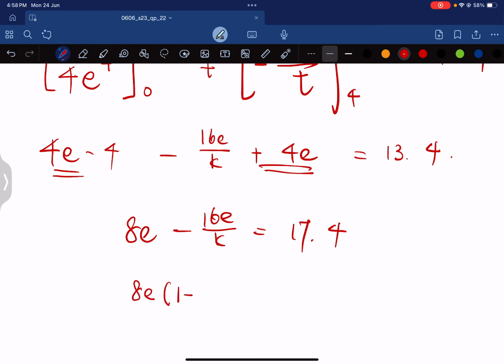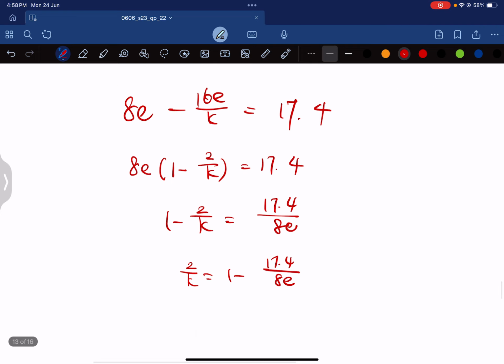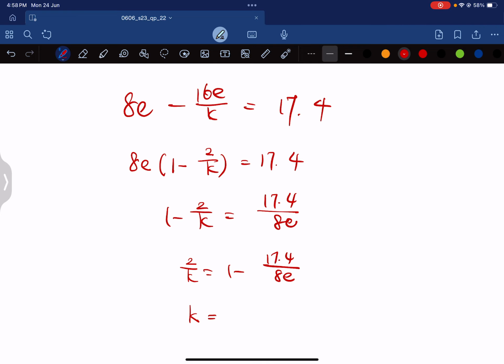Minus 2 over k, equals 17 over 4. So 1 minus 2 over k is 17 over 4 over 8e, right? So 2 over k is 1 minus this thing, so k would be 2 over 1 minus 17 over 4 over 8e.